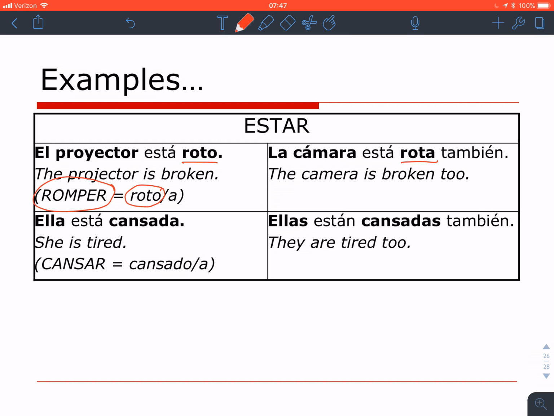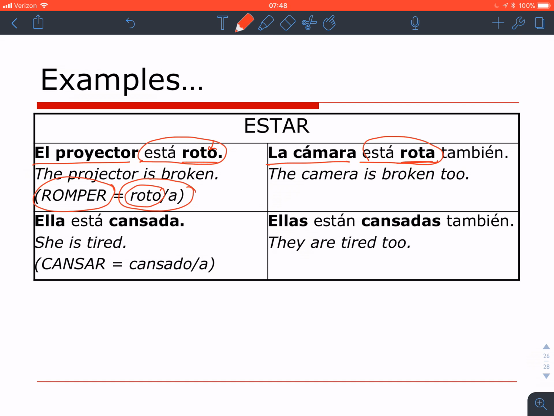This is the form that's used with verbs, and this is the form, these two, that can be modified into an adjective state and used with estar. So again, we see that because I have está roto here, roto is agreeing with el proyector, and rota is here because rota is agreeing with la cámara.